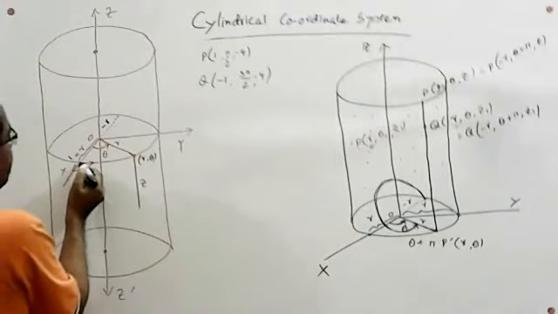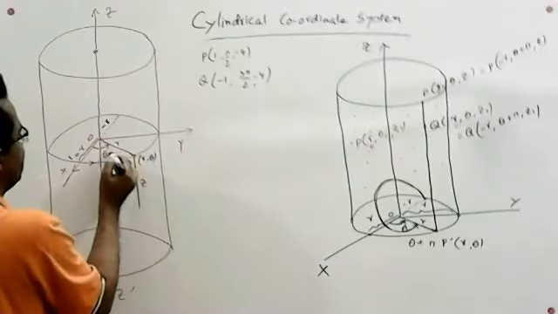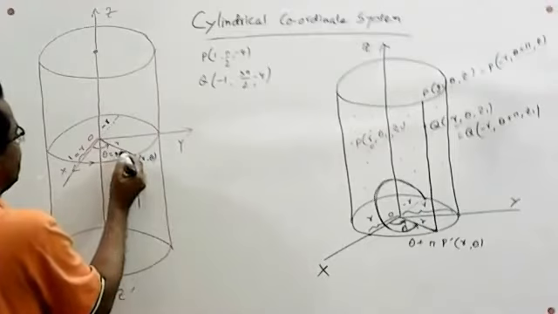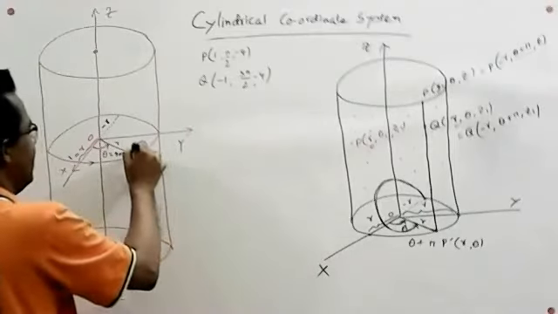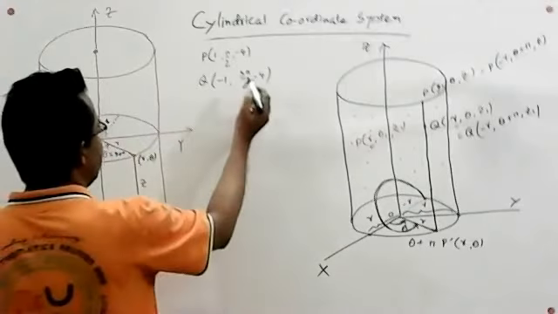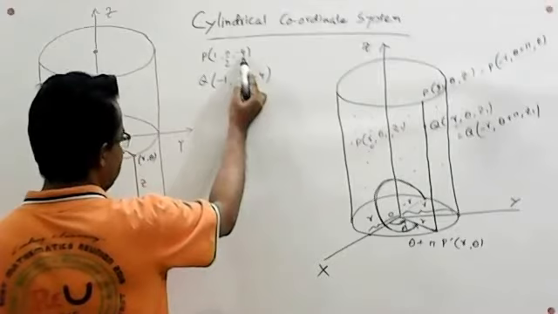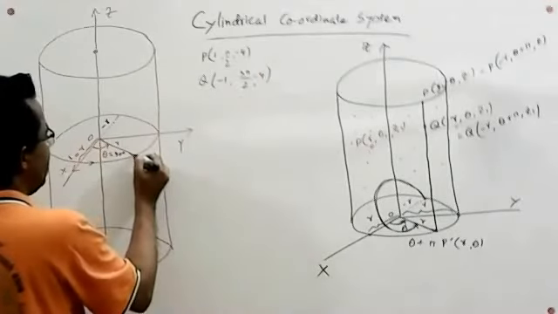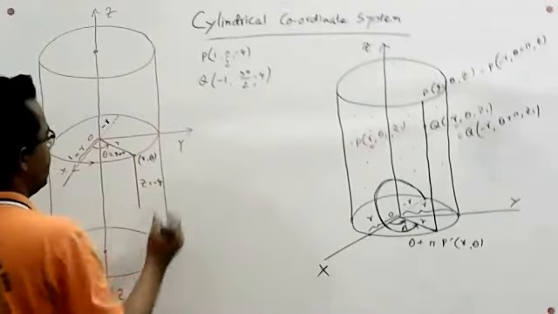In this way, we have got a point at pi by 2. This is r, theta, that is theta equals 90 degrees. And from here, it says that we will have to move along that direction 4 units downward. So we will have to move from here downward, that is z is equal to minus 4.